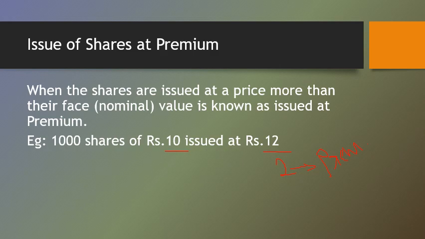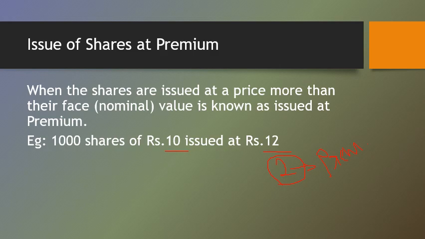And this premium, this 2 rupees, will be transferred to an account called security premium account. So when shares are issued at premium, there will be slight changes in our accounting treatment. We have to transfer this premium amount to the security premium account.